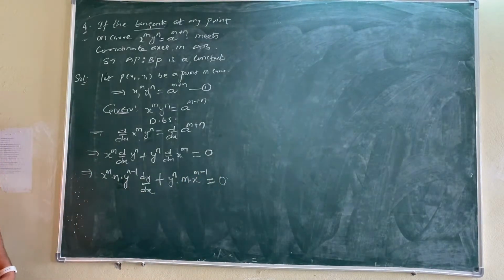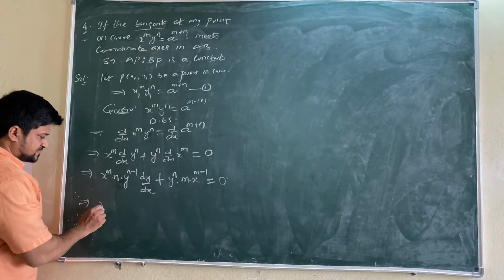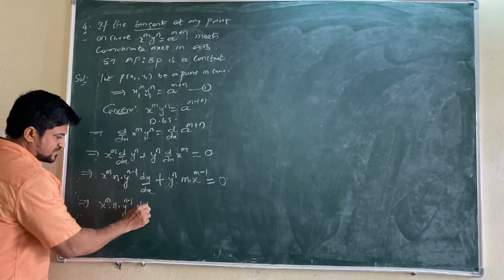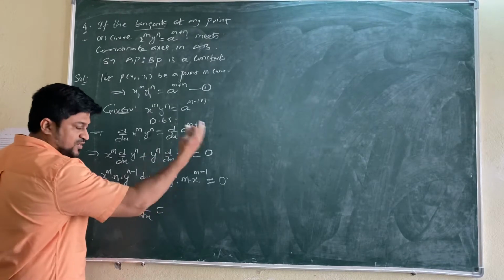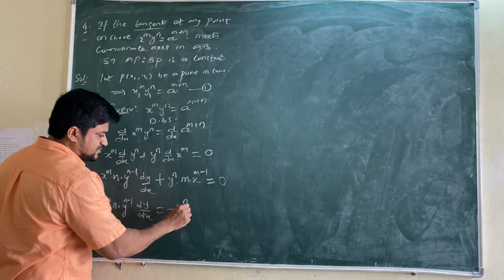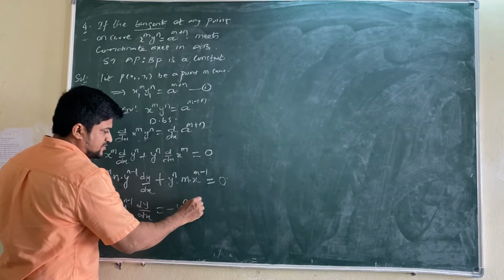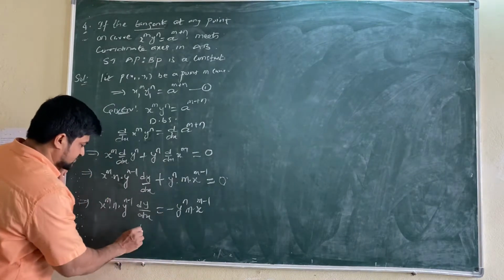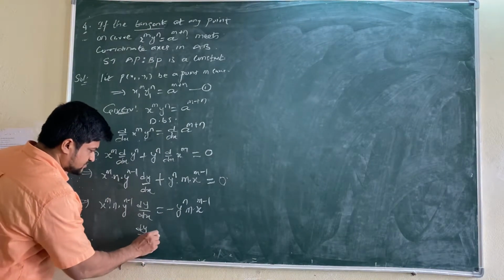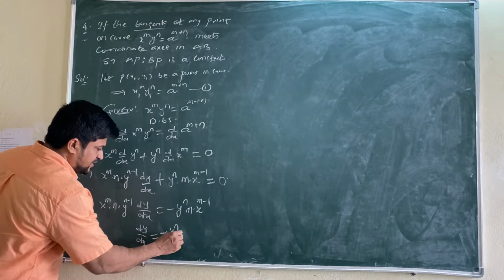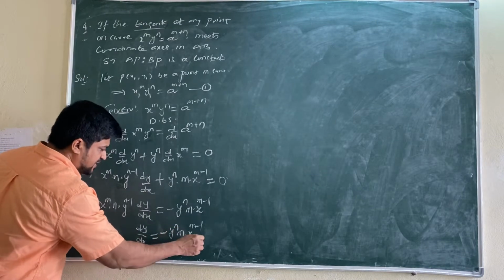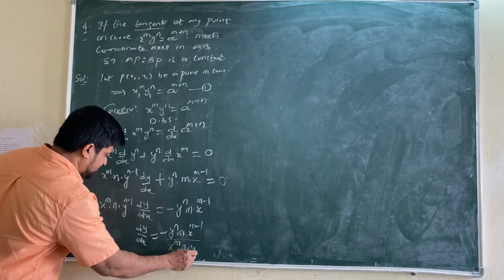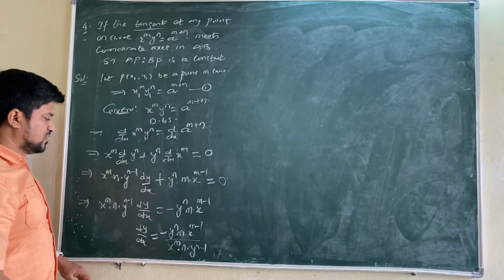Now the dy by dx term we have to keep on the left side, then this value is taken to the right side. Now dy by dx equals minus y^n m x^(m-1) divided by x^m n y^(n-1). Now we have to simplify that.